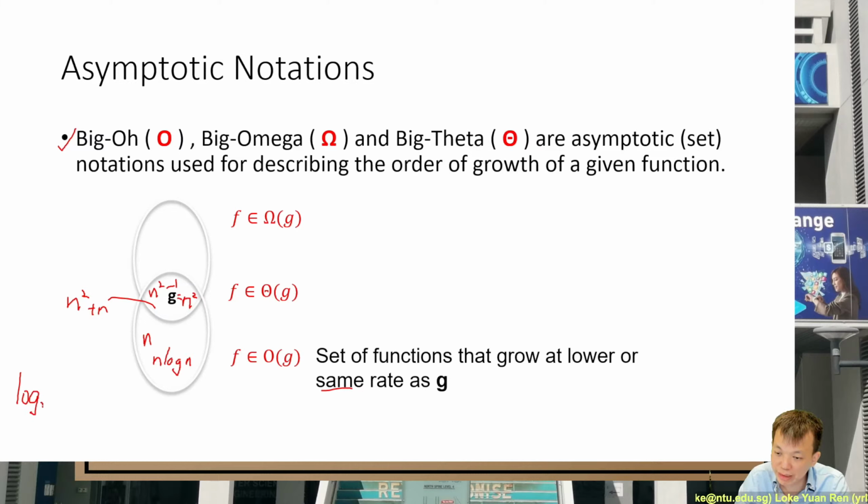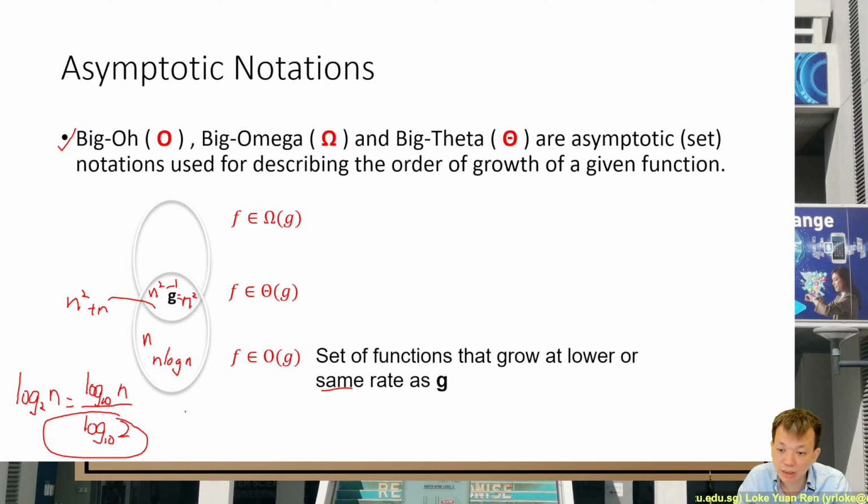If it's log base 2 of n, I convert it to base 10, and these two are equal. Whether it's base 2 or base 10, there is no difference because it is just a constant, just multiplying by some constant.